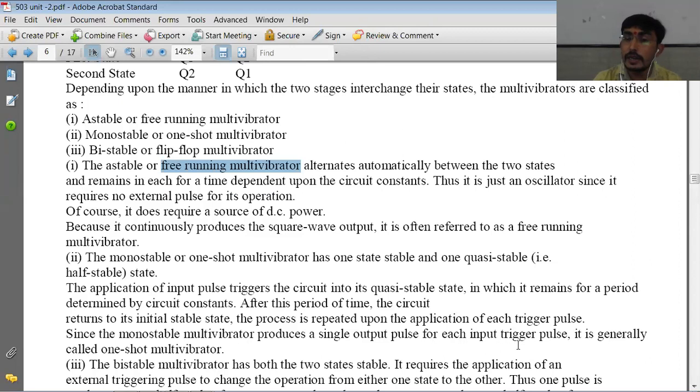The application of that triggering pulse puts the quasi-stable state on for a certain period of time, which depends on the values of R and C. After that, the effect of the triggering pulse is over, and it returns to its original state.